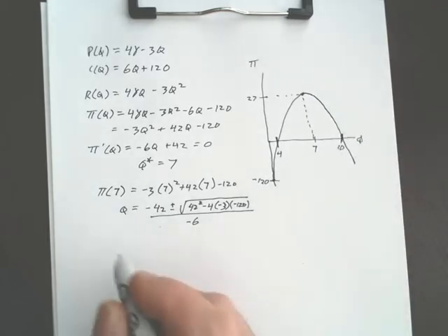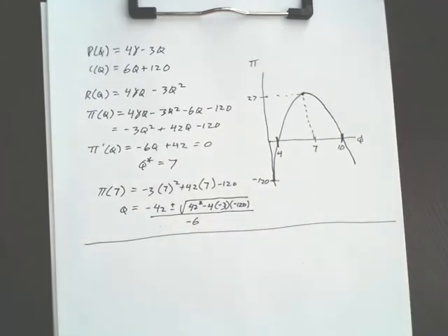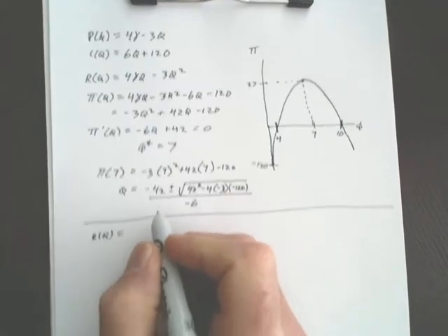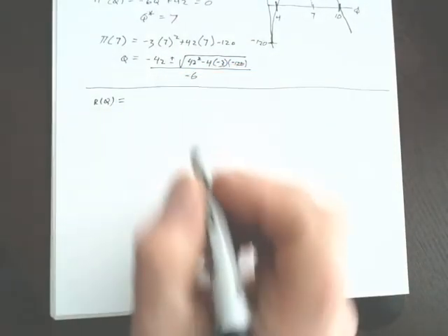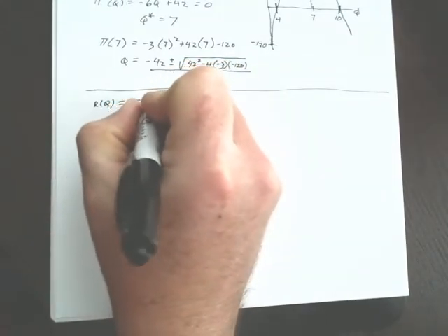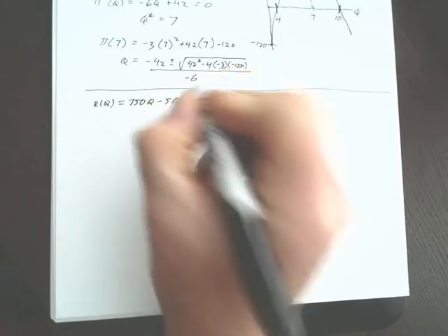Let's do one more. Let's assume we have a revenue function, which is 750Q minus 5Q squared.